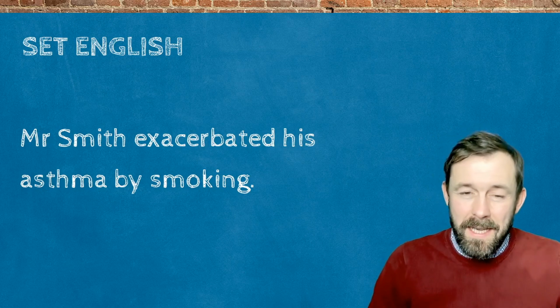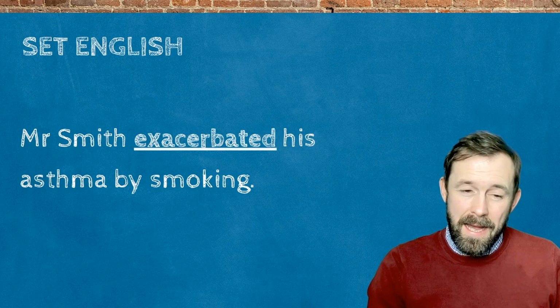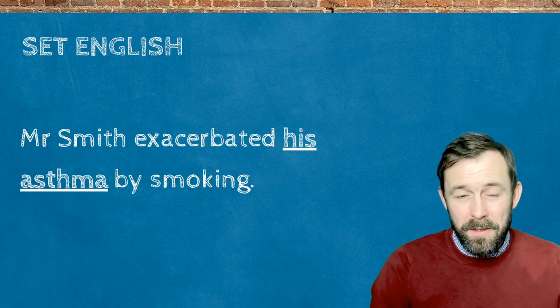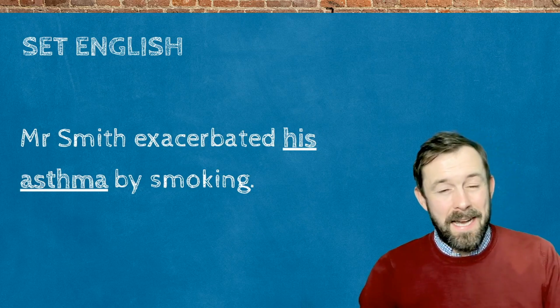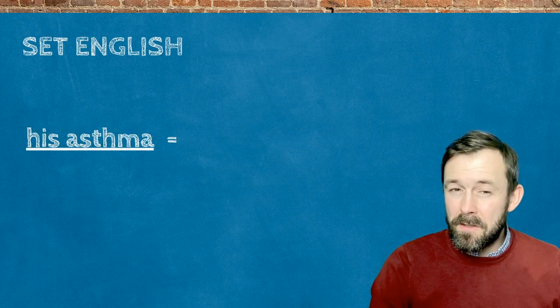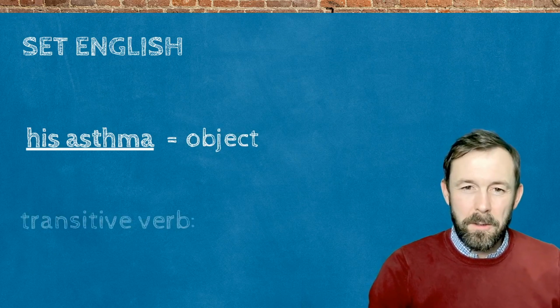Okay, so in this case, what we've got is that verb exacerbate, and we've got his asthma afterwards. Now it's really important that we identify what his asthma is. Okay, his asthma is, I wonder if you know, it's an object. Okay, so let's just break that down a little bit.